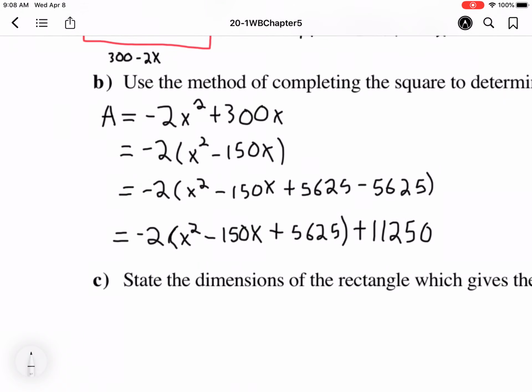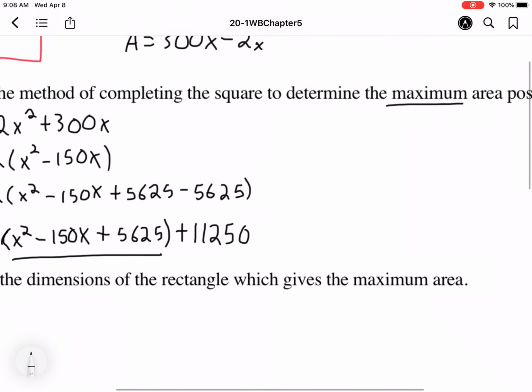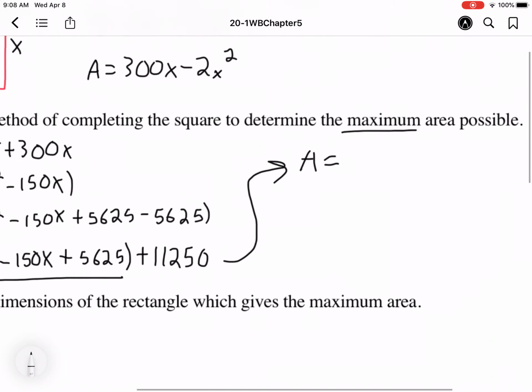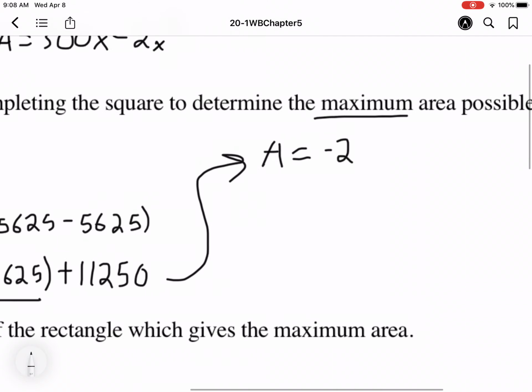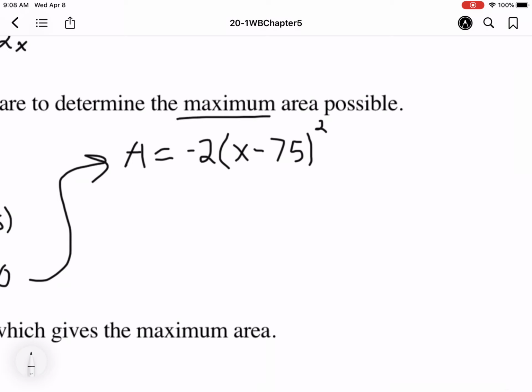Now we have a perfect square here, which we can reduce to a binomial. So we'll bring this up here, and we can say that the area equals negative 2 times x minus 75 squared, plus 11,250. So now we're in vertex form.